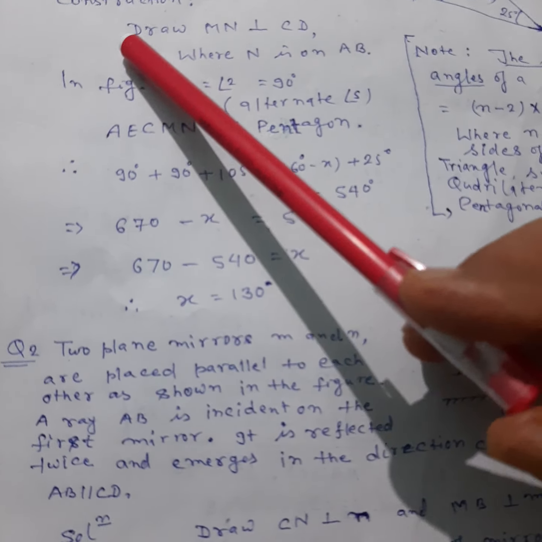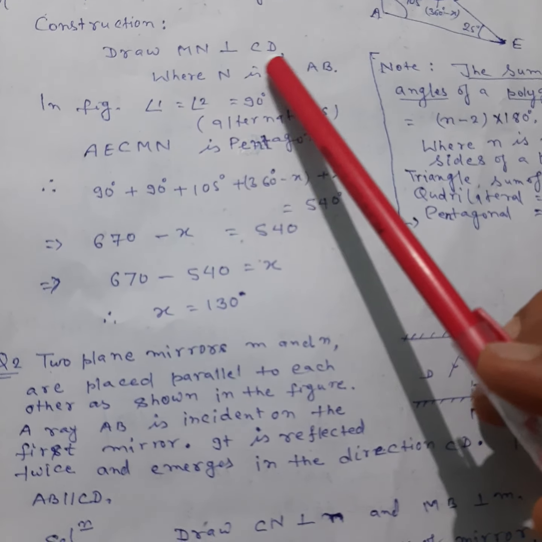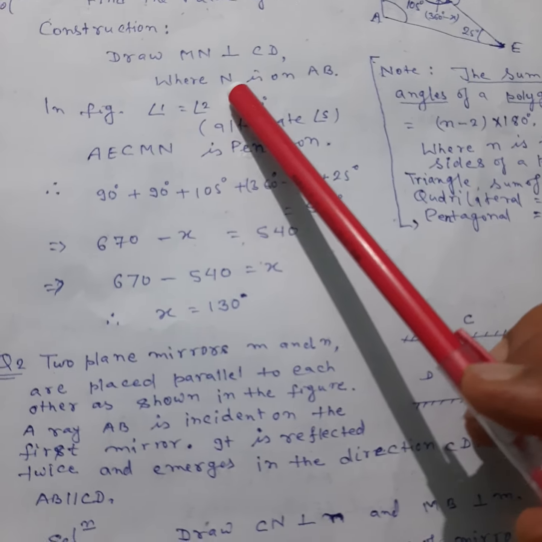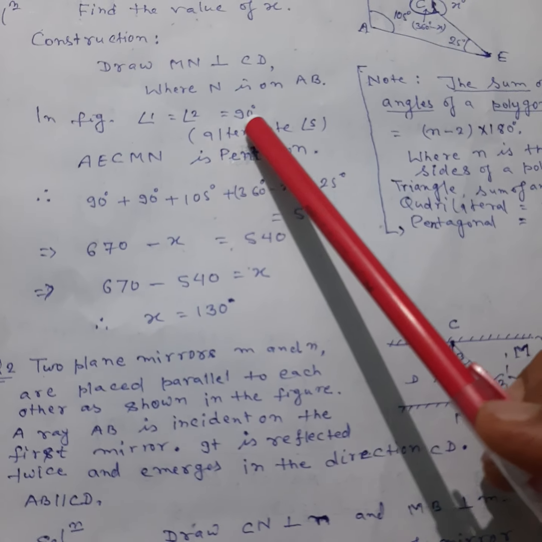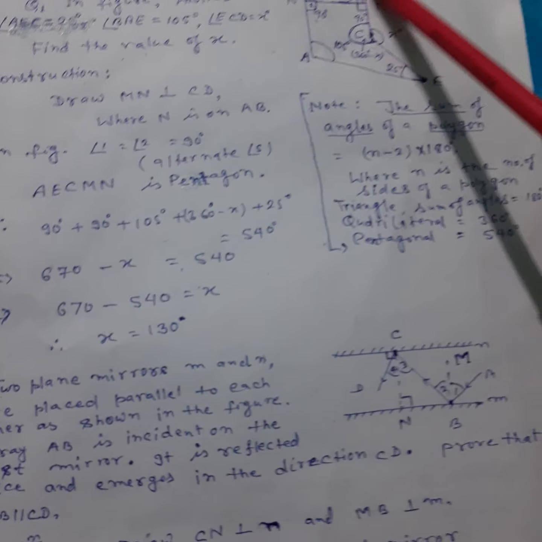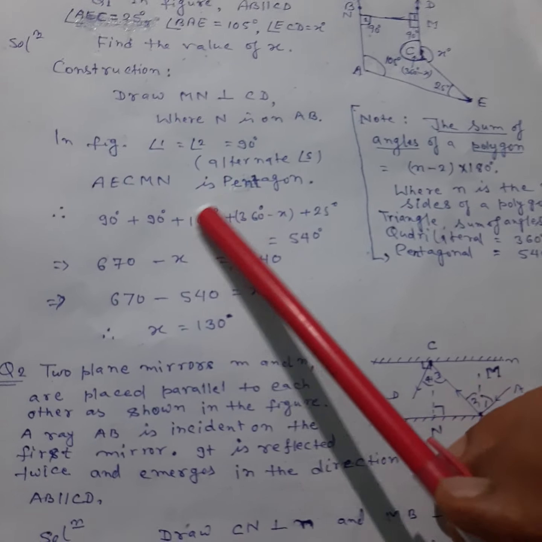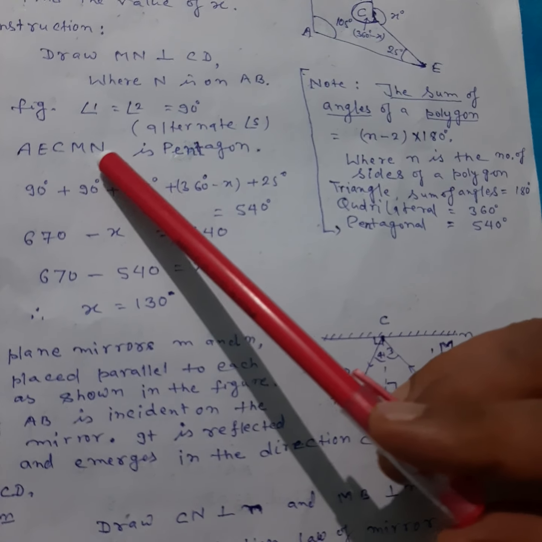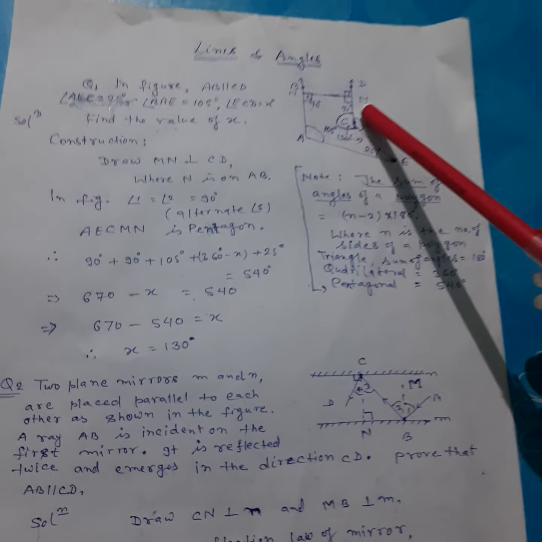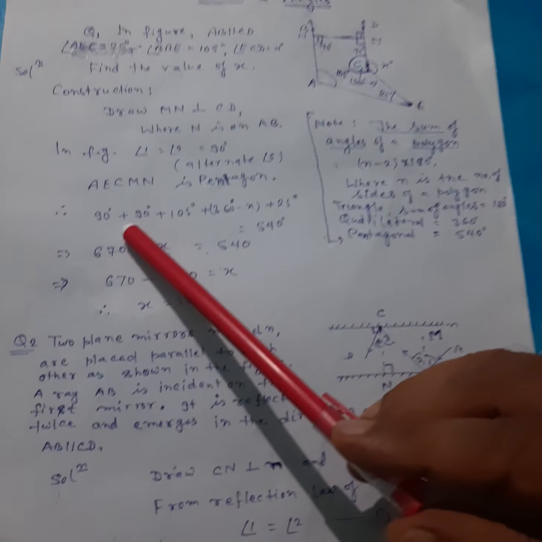Here we discuss it from the figure. MN is perpendicular to CD, N is on AB, angle 1 equals angle 2 equals 90 degrees, alternate angles. Now we discuss the pentagon AECMN.